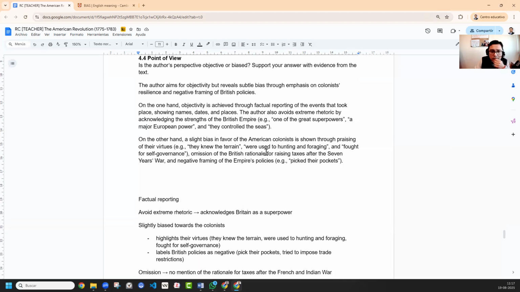And here I was a little worried that the sentence might not be parallel. On the other hand, a slight bias in favor of the American colonists is shown through praising, that's a noun, omission, that's a noun, and negative framing, that's a noun. So it's parallel.